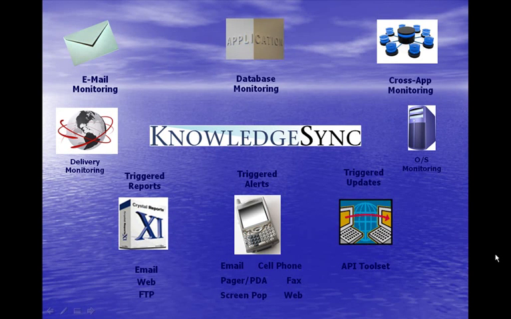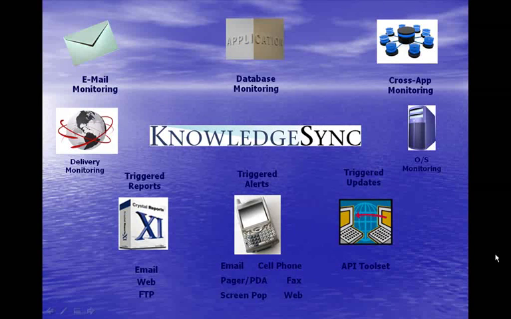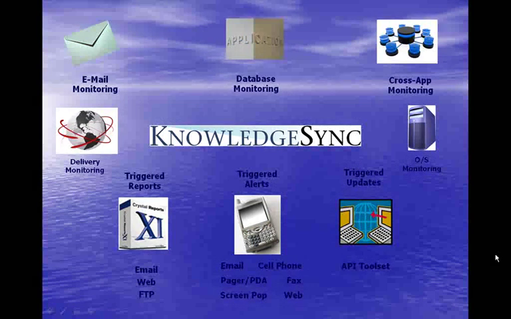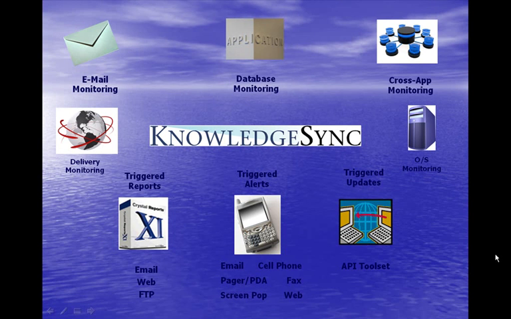For example, if a customer has not been contacted within a certain amount of time, we might want KNOWLEDGESYNC to automatically schedule a phone call or meeting within our CRM application. Or if we receive an incoming email message from a client, we might want KNOWLEDGESYNC to pick up that email, take the contents of the message, and add it to the customer's history, again, within one of our underlying business applications.